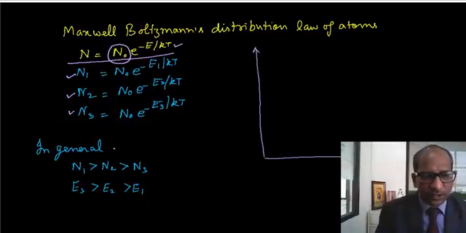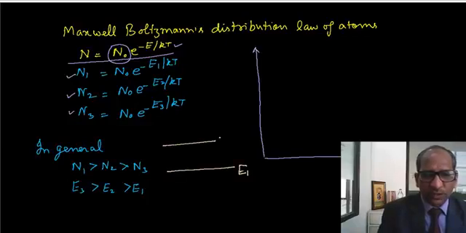In general, you have seen here N1 is greater than N2, greater than N3, and obviously E3 will be greater than E2. So how can I represent it? Suppose this is E1, this one is E2, and here this is E3.